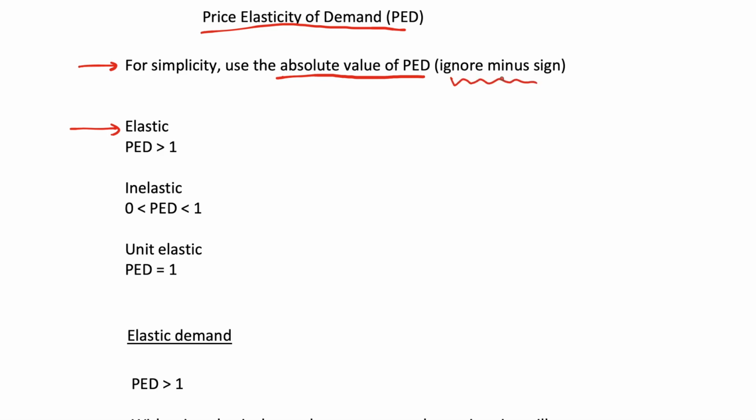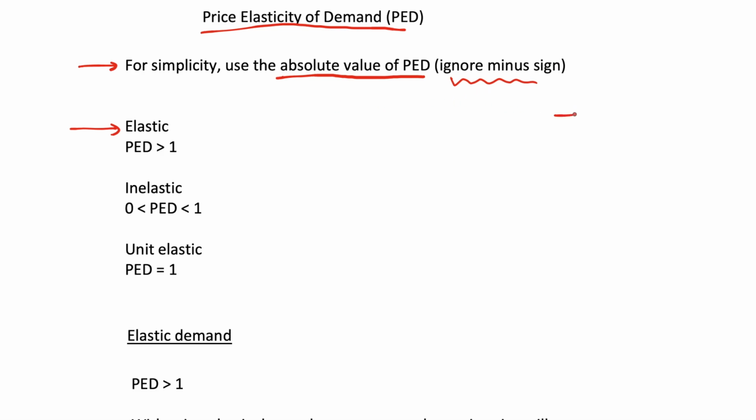We said in the previous video that we will usually have a PED that is negative because an increase in price tends to cause a decrease in the quantity demanded, but we can also have positive price elasticities of demand. However, when it comes to elastic or inelastic price elasticities of demand, we do not care about the minus sign in front of it.